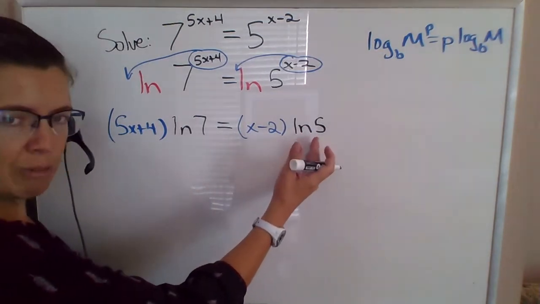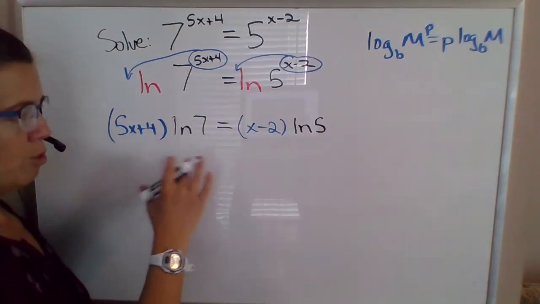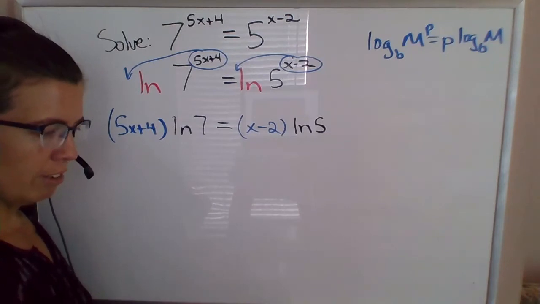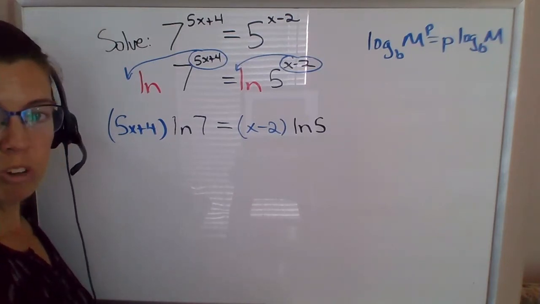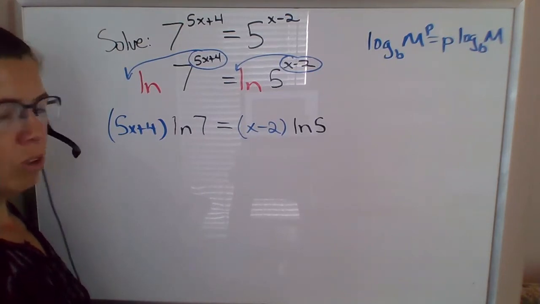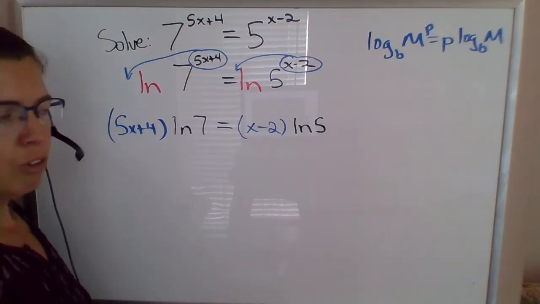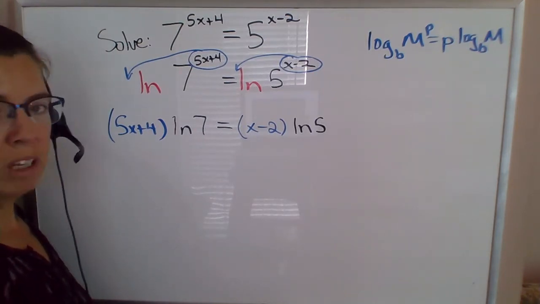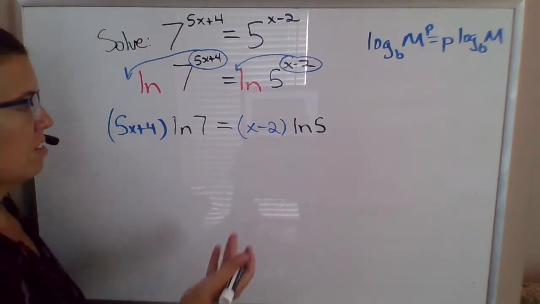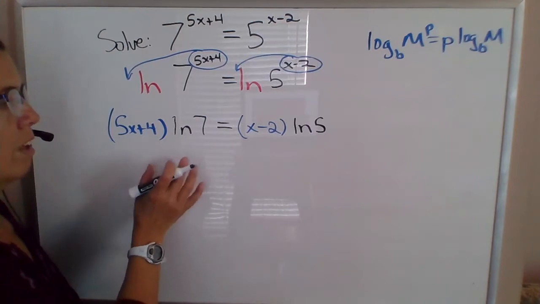If you use that rounded value to do some other calculation in this problem, then your round-off error can become more significant. So it's best to wait. Don't do a decimal approximation for anything until you've completely solved for x. And it's easier to write if you leave it as natural log of 7 anyway.